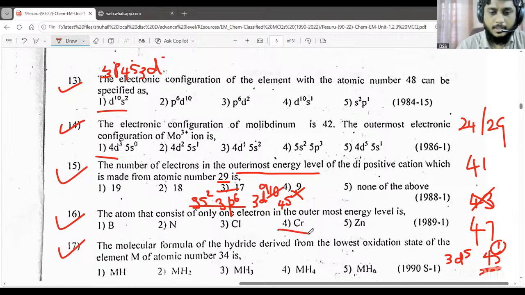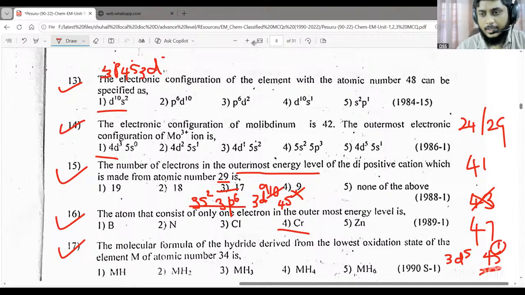Then, the molecular formula of the hydride derived from the lowest oxidation state of the element M of atomic number 34. You don't have much idea of oxidation states yet, but let's see. What is the 34th element? It is selenium.